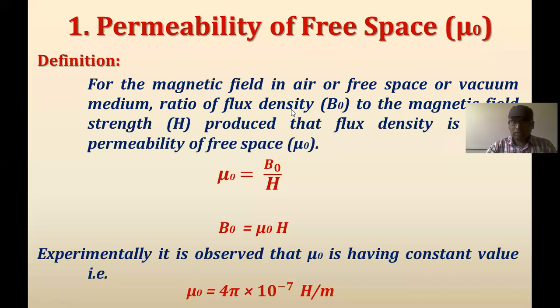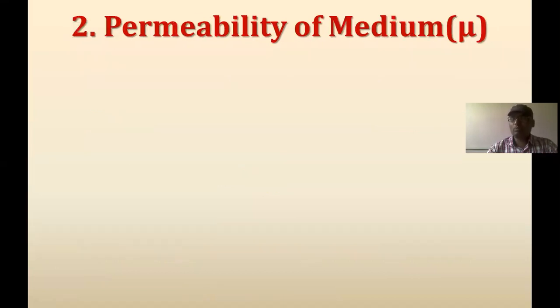Now this is the permeability of a medium like air, free space or vacuum. If the medium is a magnetic material, meaning iron, cobalt, nickel, is it right? Then that permeability we call the permeability of a medium.